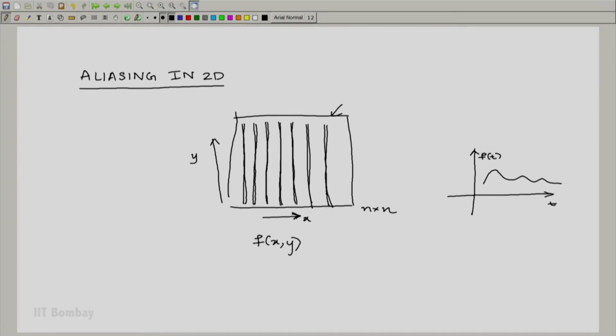As you can see, as we progress in the direction of x, from left to right, we come across a white region, then a black region, then a white region, then a black region, and let us take that this spacing is delta x and it is uniform. Even if the image shows that they are non-uniform, let us assume for some time that it is uniform.